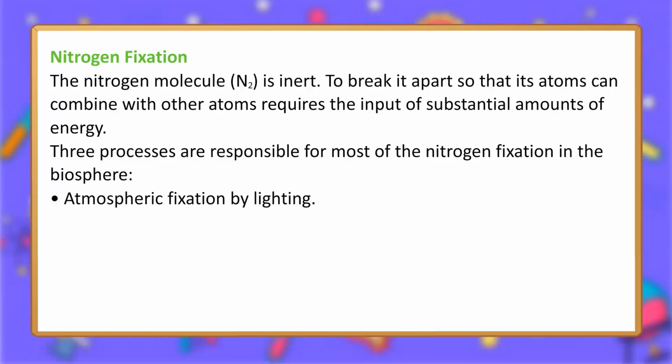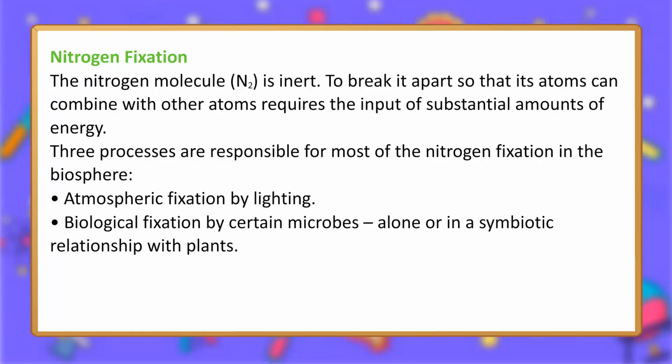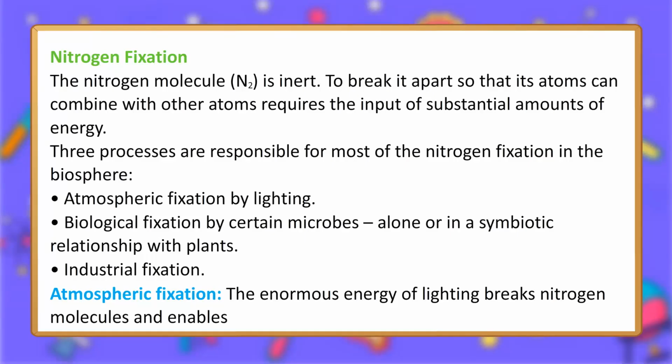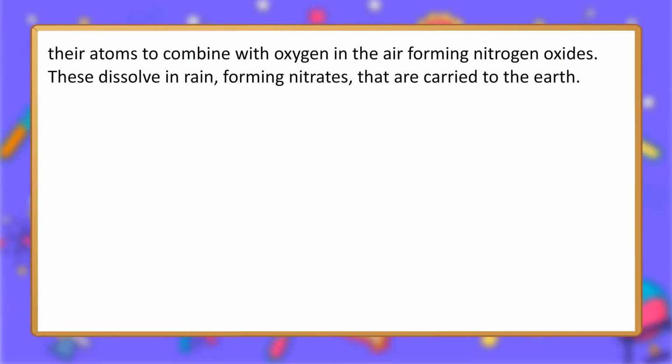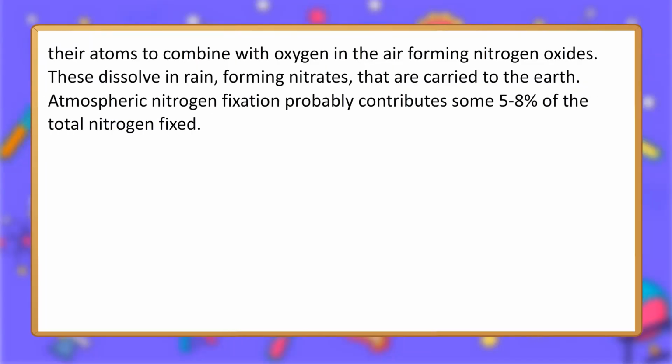Atmospheric fixation by lightning, biological fixation by certain microbes, alone or in a symbiotic relationship with plants, industrial fixation. Atmospheric fixation. The enormous energy of lightning breaks nitrogen molecules and enables their atoms to combine with oxygen in the air, forming nitrogen oxides. These dissolve in rain, forming nitrates that are carried to the earth.